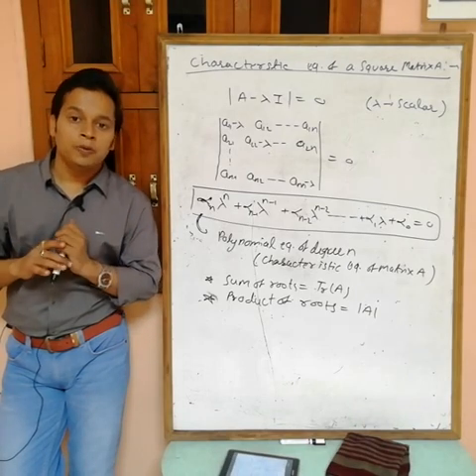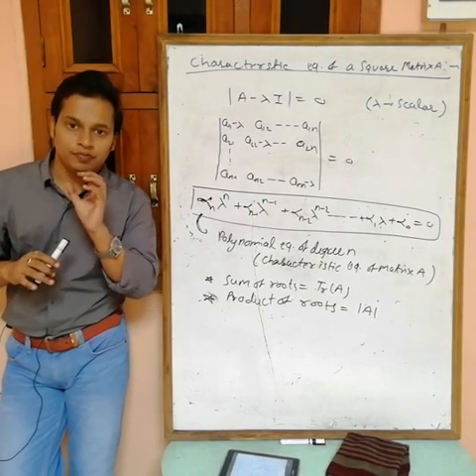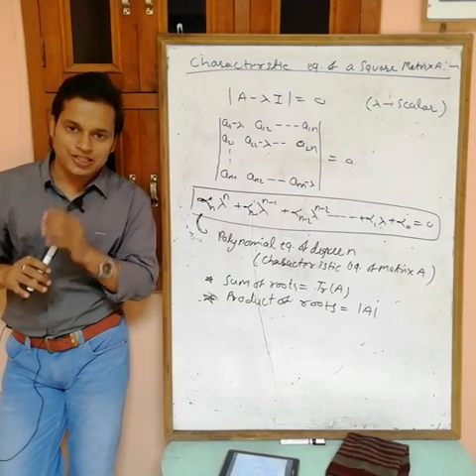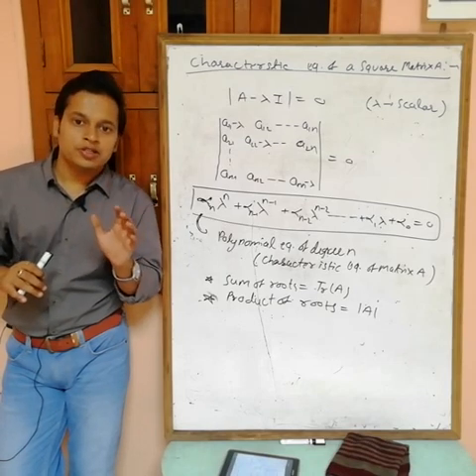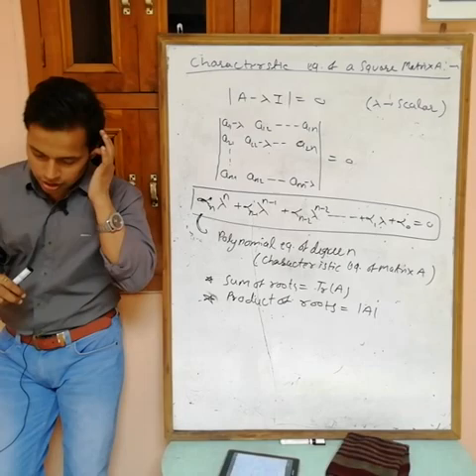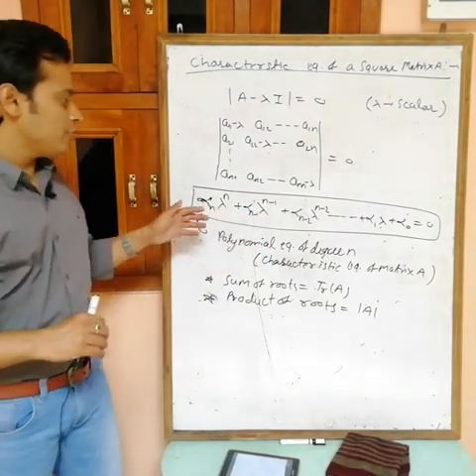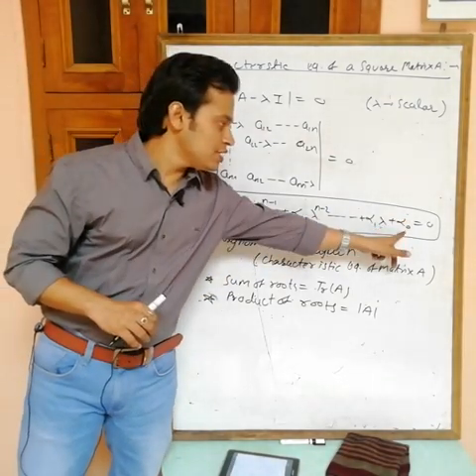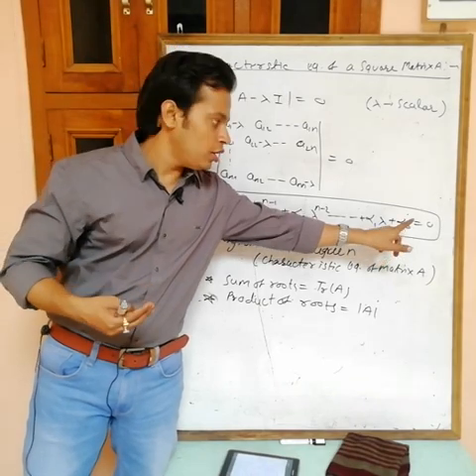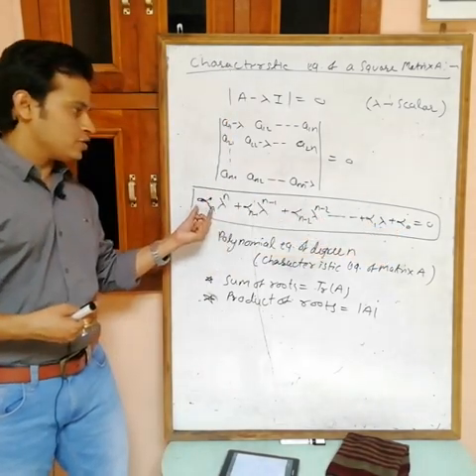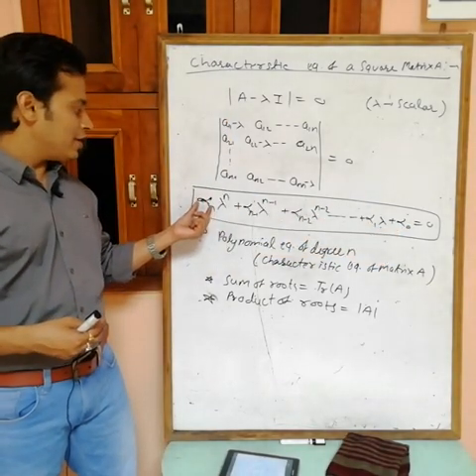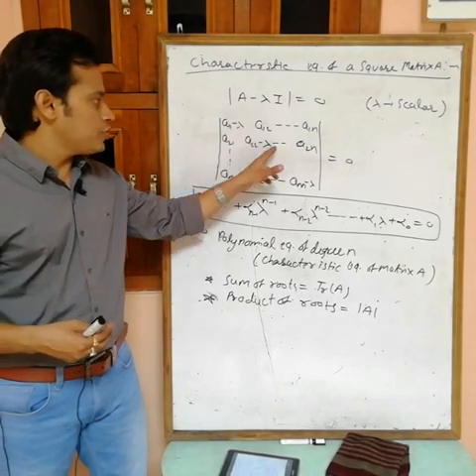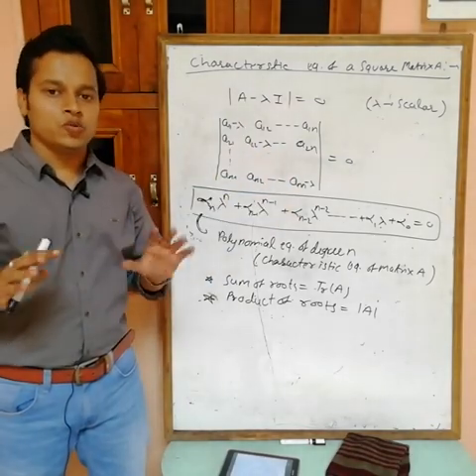And the product of roots, alpha into beta into gamma, represents the determinant. The product of roots is always minus 1 power n into this one by this one. The coefficient of lambda power n becomes either plus 1 or minus 1.